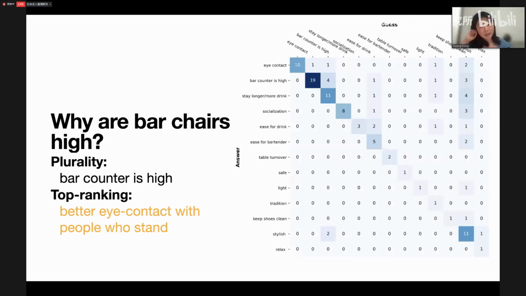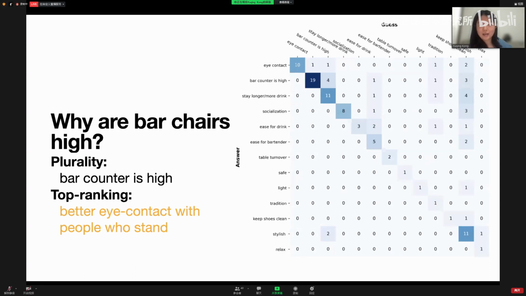So we actually asked several students at Peking University, and the plurality answer was a surprise to me. The plurality answer they provided is that the bar counter is high, and that is why the chair is high.